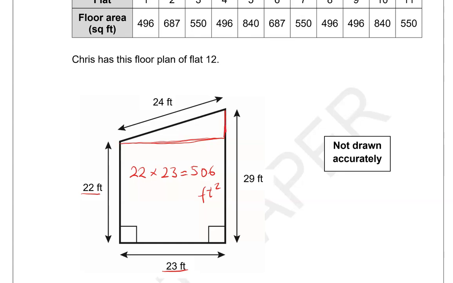The area of the triangle, so we've got the base, which is equal to 23 feet. We've got to work out this height here. So the way we can do that is by taking away 22 from the 29. So that gives us 7. So this is 7 feet.